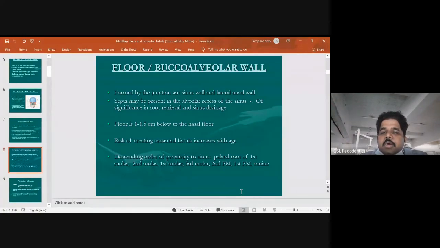Remember that. Okay, so creating of oroantral fistula, which is one of the important aspects we need to cover in this chapter. So the chances of creating oroantral fistula. Why is the oroantral fistula formed? Because this floor of the buccoalveolar wall is nothing but having your teeth.